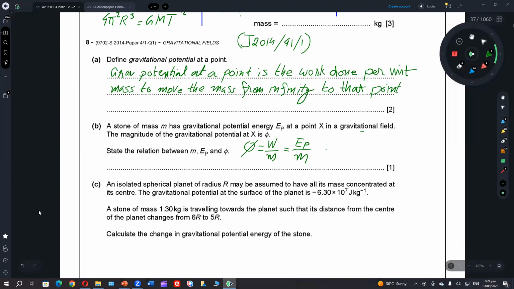Potential is always negative. So if I write it in form of EP, remember that gravitational potential is always negative.